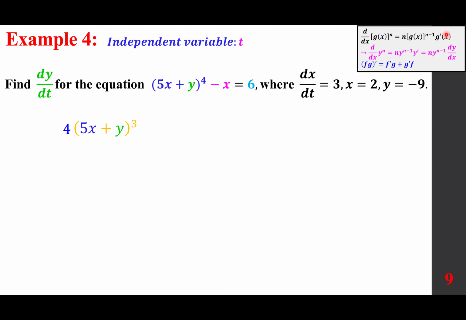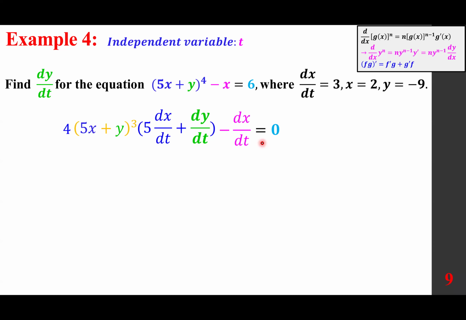And then the chain rule applies. The derivative of the parentheses is 5 dx/dt plus dy/dt. We're done with this now. Minus x becomes minus dx/dt, equals 6 becomes equals 0, because any number, when you differentiate, you get 0.